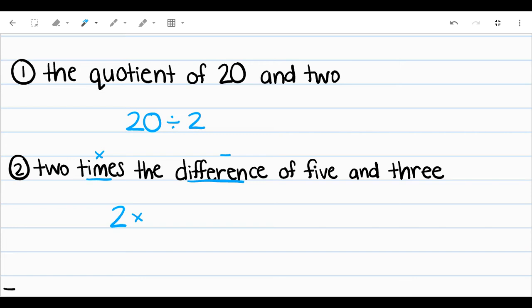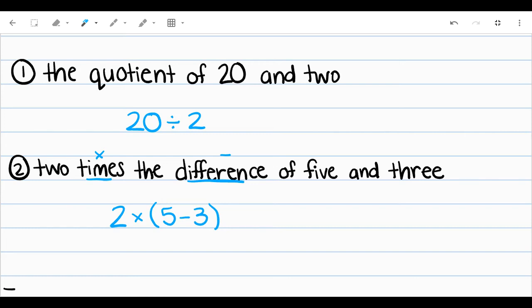And if I'm finding the difference of 5 and 3, it's going to be 5 minus 3. And I'm going to put these in parentheses because I know that I'm taking 2 times the difference, or the answer of that. And that just puts a little spotlight on saying, do this step first.